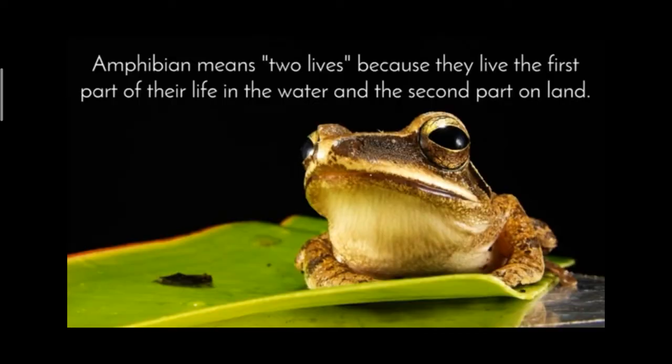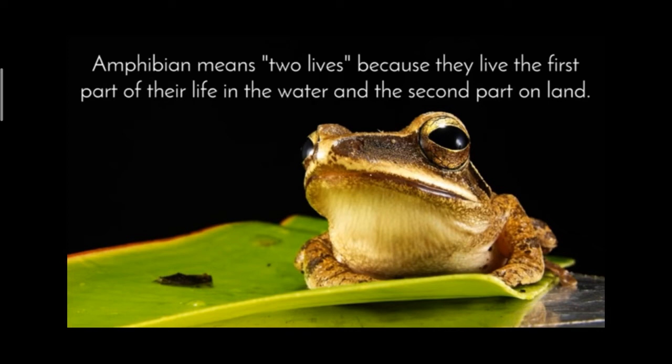Do you know a frog is called an amphibian? What do you mean by amphibian? Amphibian means the animals which can live in the water and on the land. You may see frogs in water and on the land also.